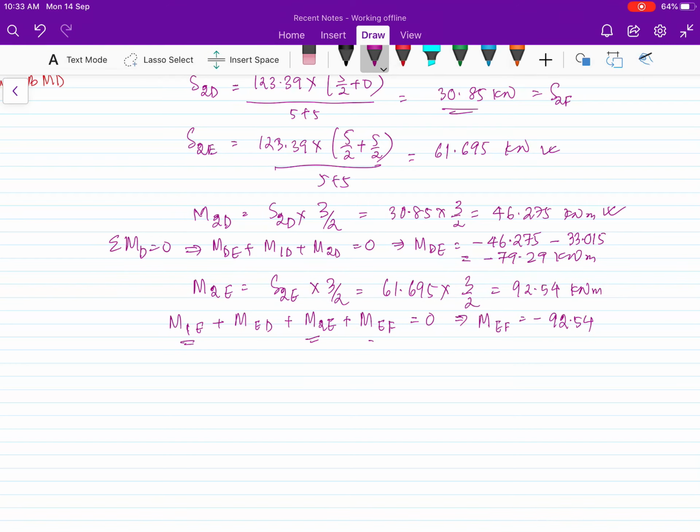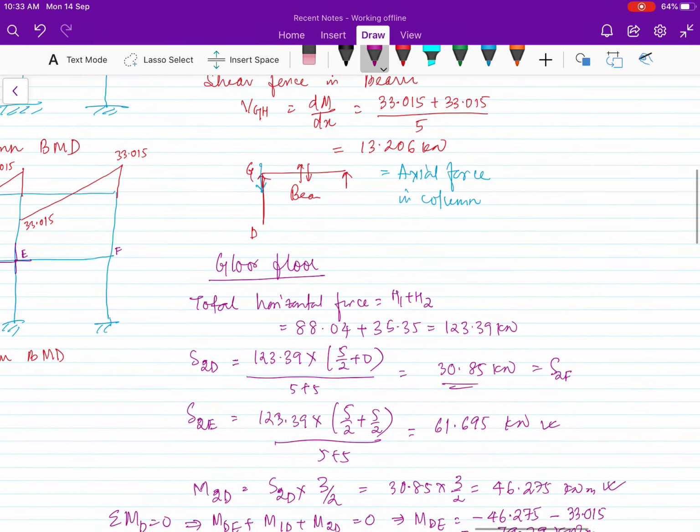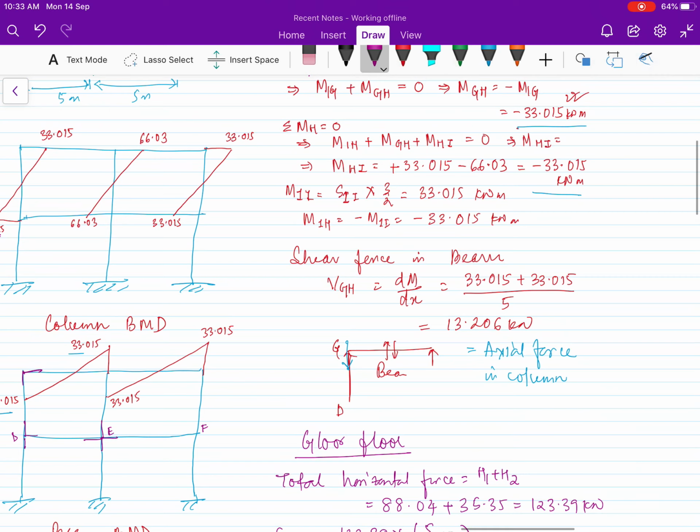At this point we have 4 members touching at E, so we have minus 92.54, then minus 79.29 from the beam DE, then we have minus 66.03 from the upper column.